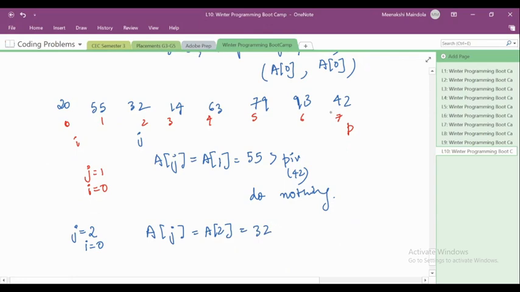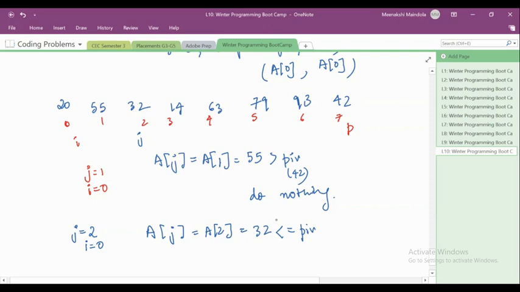What is the comparison between 32 and 42? 32 is less than or equal to the pivot element, which is 42. Pivot is for now going to remain at this position only.